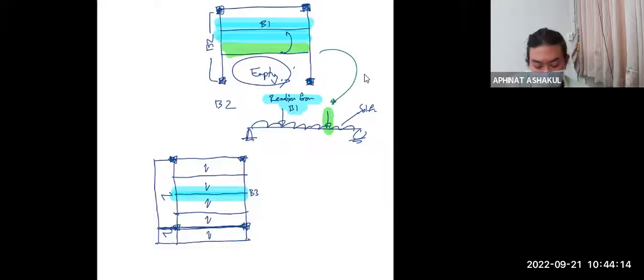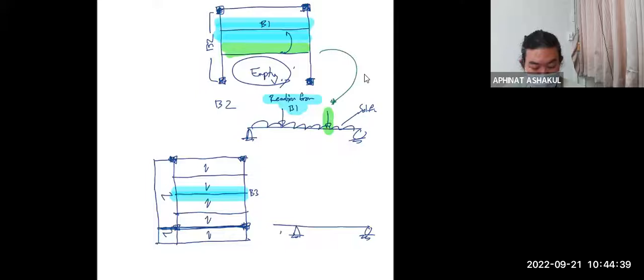Okay. So when you look at B4, I said the cantilever portion is also part of B4. So for those of you who fail to recognize this portion, you get 0 right away because you're not looking at the correct structure. If you fail to provide this portion, the entire system will fail.